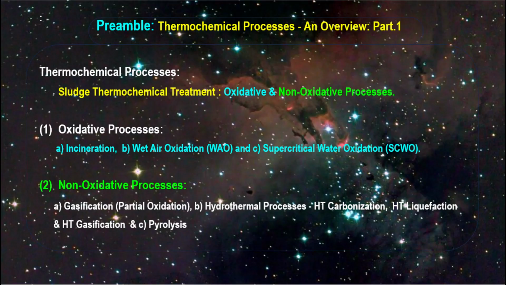In my previous lectures about thermochemical processes, an overview part 1, we highlighted thermochemical processes such as sludge thermochemical treatment, which includes oxidative and non-oxidative processes. Under oxidative process, we have incineration, wet air oxidation, and supercritical water oxidation.